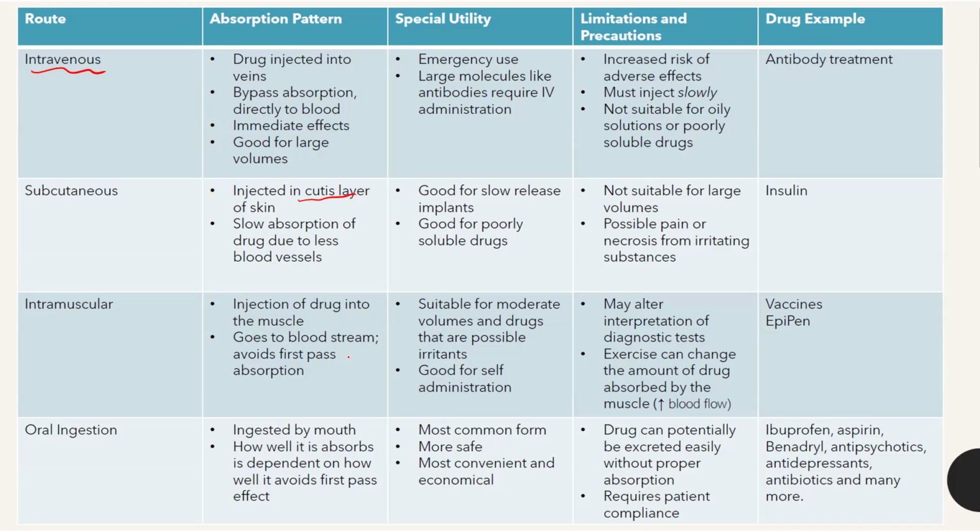It's going to quickly go to the bloodstream and avoid that first pass absorption, so you're not going to have to worry about the endothelial cells in your stomach taking it on. Oral ingestion is ingested through your mouth. How well it absorbs depends on how well it avoids the first pass effect. So if it basically doesn't get into your endothelial cells in your stomach, it's going to go straight to your bloodstream.